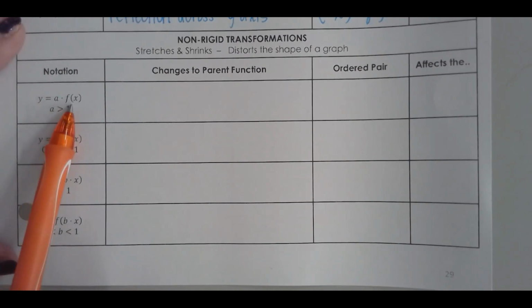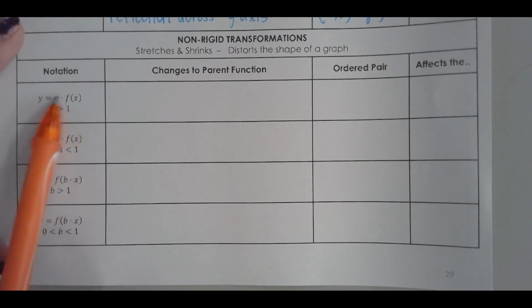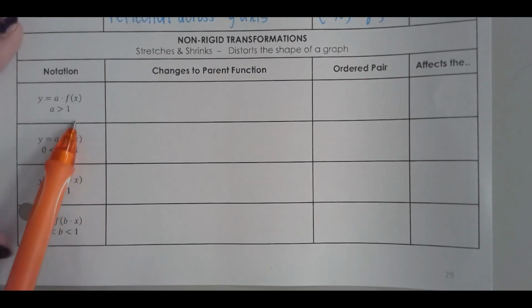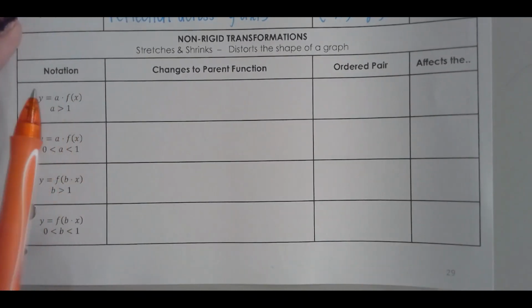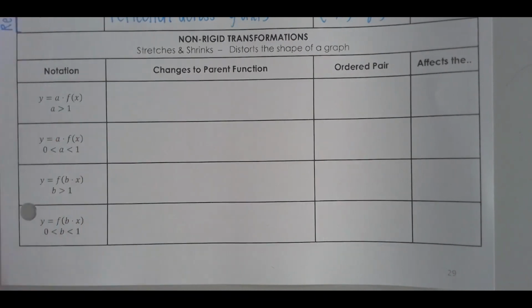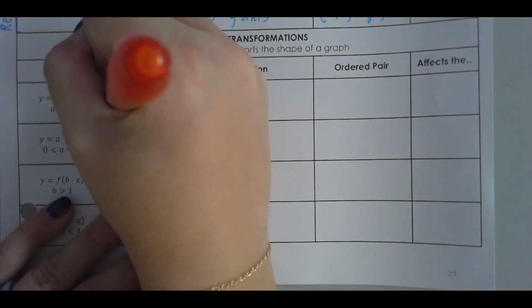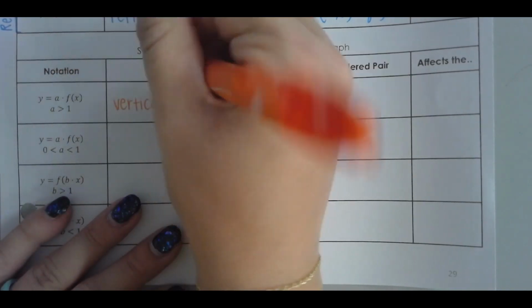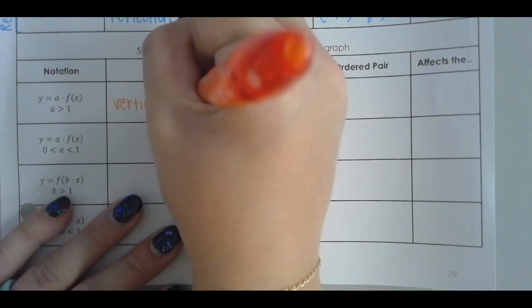It's in the front of the whole function. So a value in front of the whole function, and if that a value is greater than 1, there's two parts that go with this. If it's an a value in front of the function and is greater than 1, this is a vertical dilation.